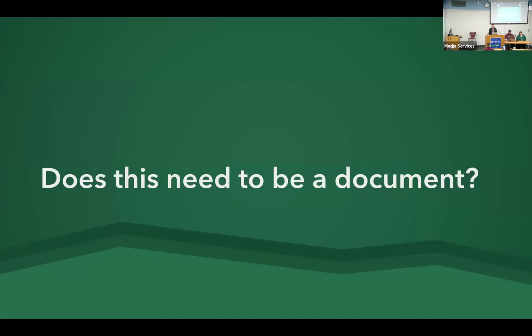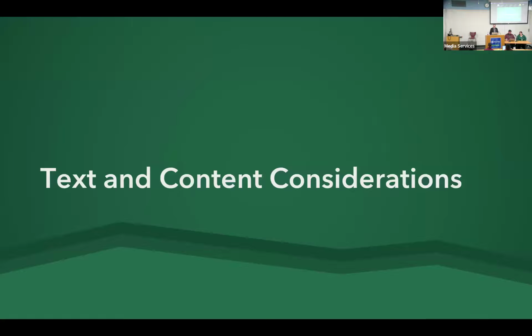All right. The first question you should ask yourself when you are creating a document is, does this need to be a document? Could it be something else? Could it be an HTML page? Could it be an email? It's really important to think through those questions. And if it's meant for print, if you have a print and a digital version, then yes, a document is the way to go.